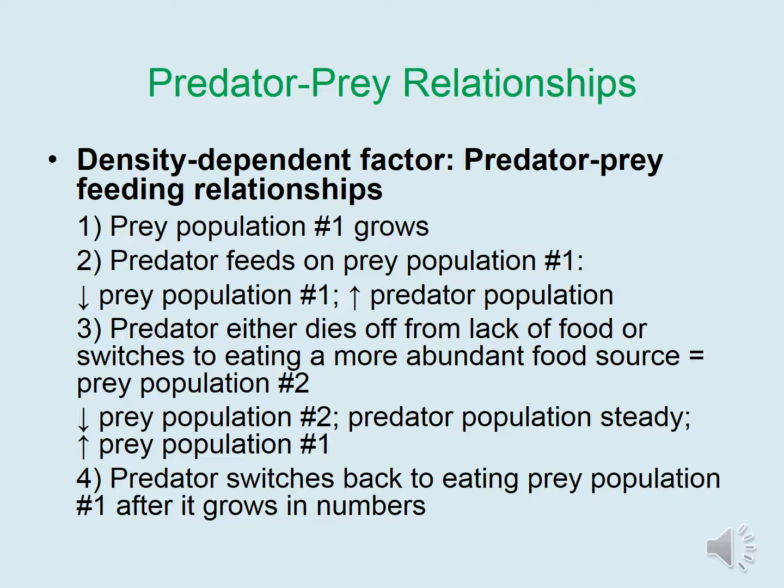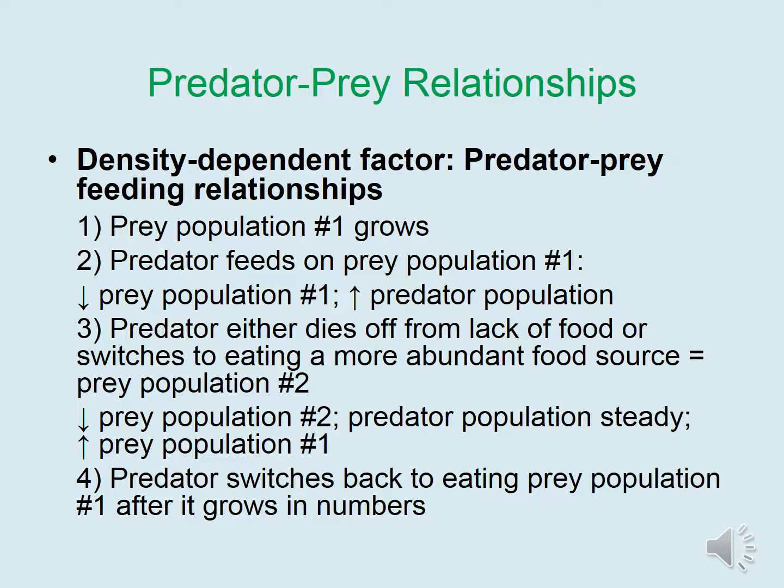At this point in time, if there's more predators than prey, the predator is going to either die off from lack of food or is going to switch to eating a more abundant food source, such as prey population number 2. Therefore, prey population number 2 starts going down, and overall the predator population remains steady, right around the carrying capacity.